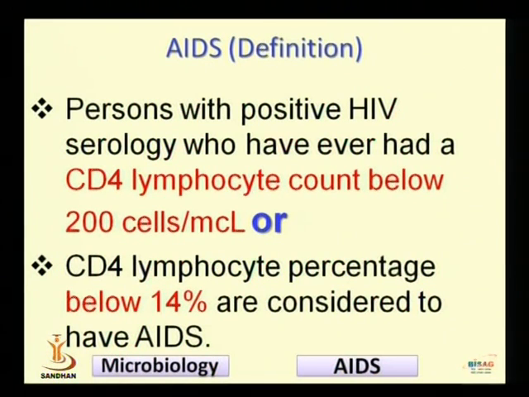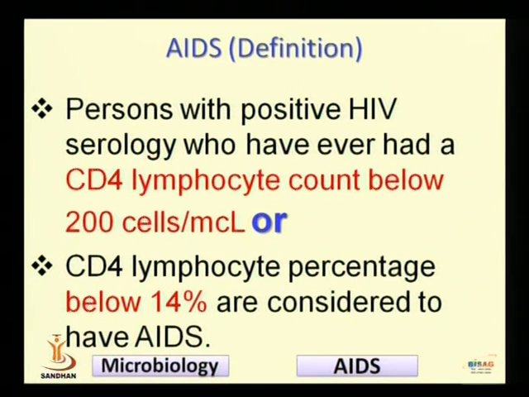We have two parameters to deal with. First, persons with positive HIV serology who have ever had a CD4 lymphocyte count below 200 cells per microliter.